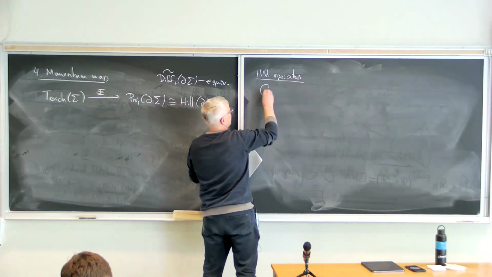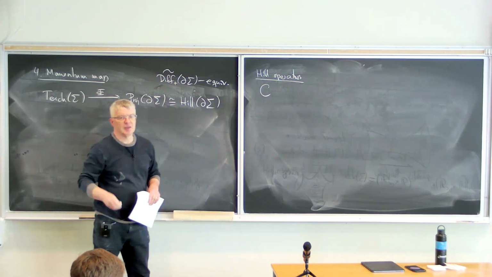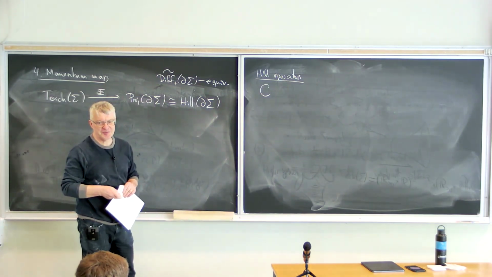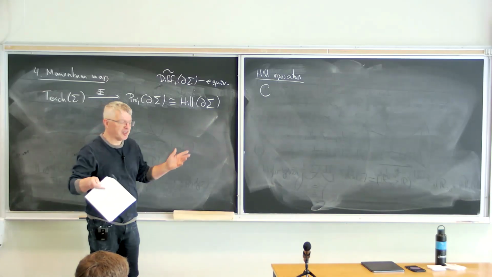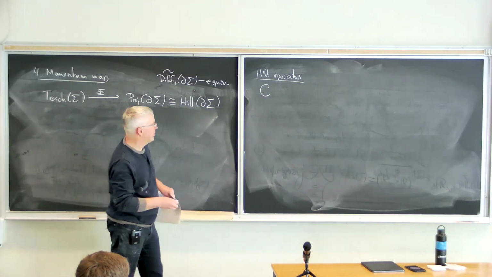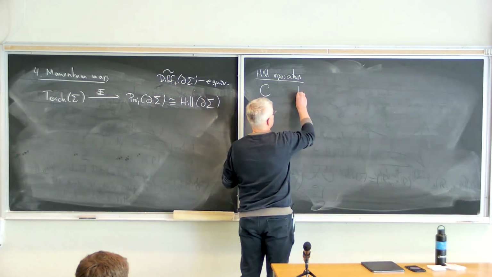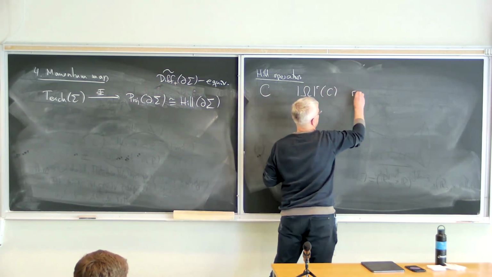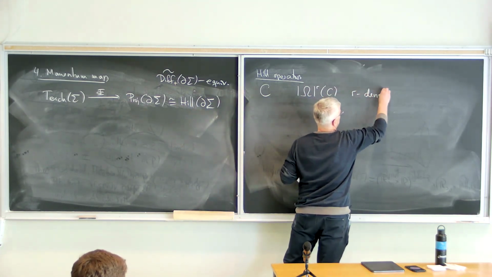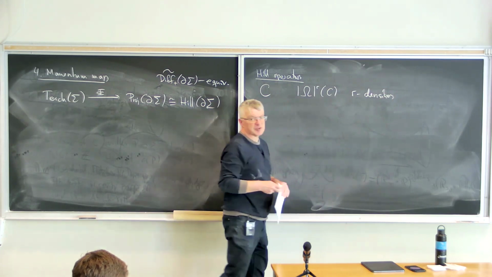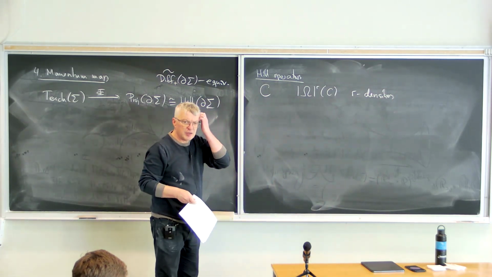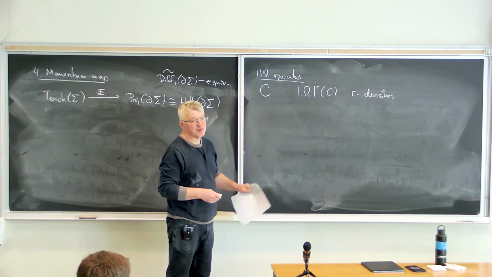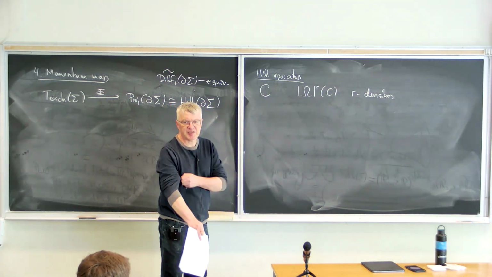So again, we look at the curve C, not necessarily compact, an oriented one-dimensional manifold, not necessarily connected. On this space, we can look at the space of R densities. Okay, what is an R density? Well, on a one-dimensional manifold, it's kind of easy to say what an R density is.